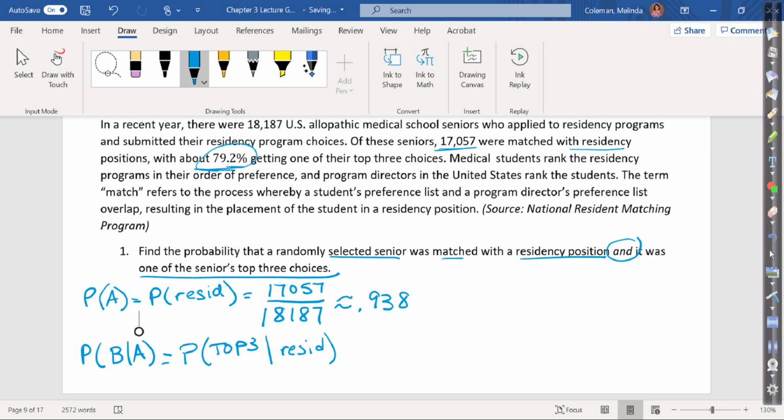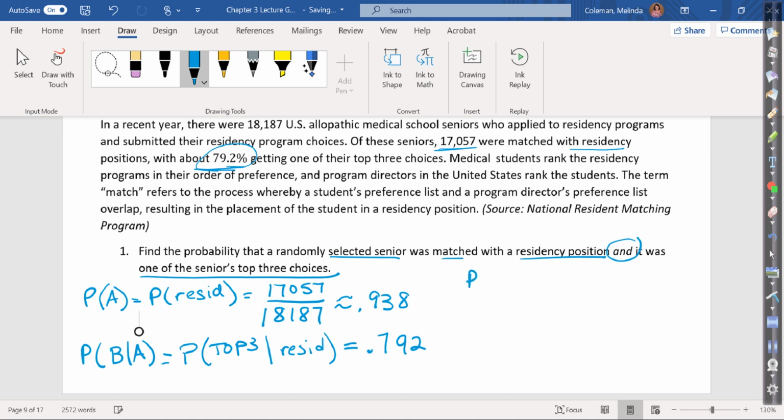So the probability that they got a top 3, given that they were matched, was 0.792. That makes these 2 events dependent, because one depends on the other.